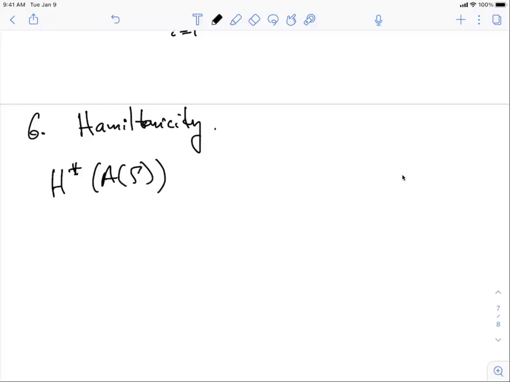Right, so what can we do with this? If we enumerate the vertices V1 to Vn in gamma, then there are natural cohomology classes associated to them.